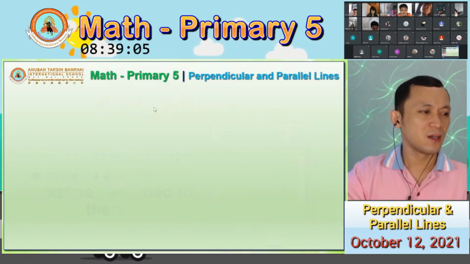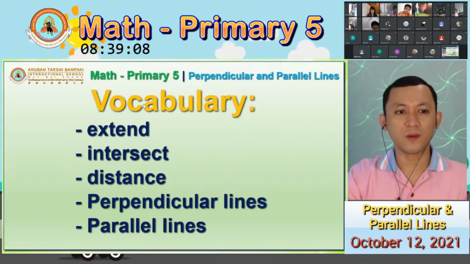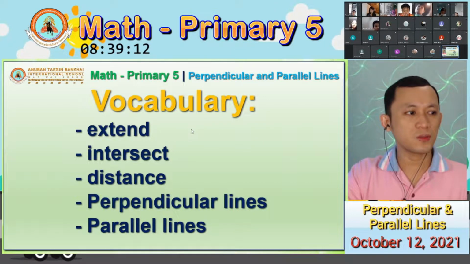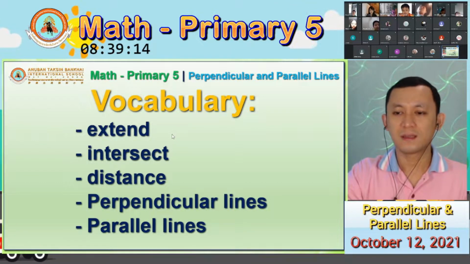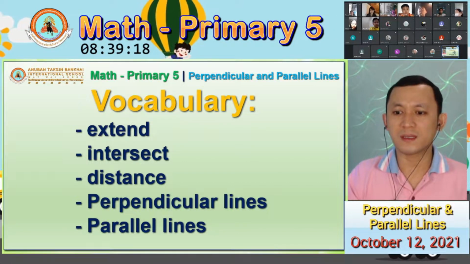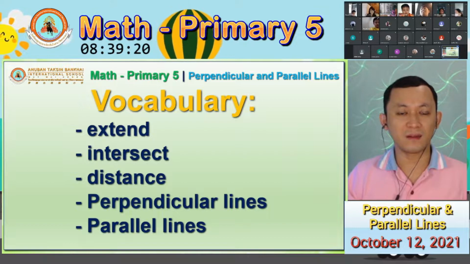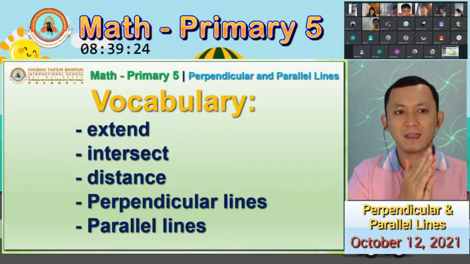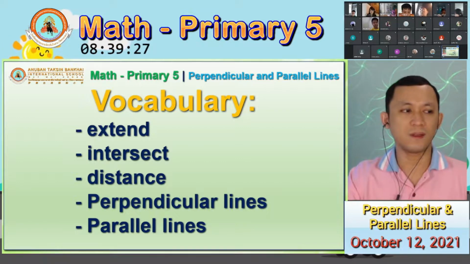Now let's have first our vocabulary for today. The first word is extend. We already discussed the meaning of the word extend yesterday: the line can be extended, it can extend indefinitely.